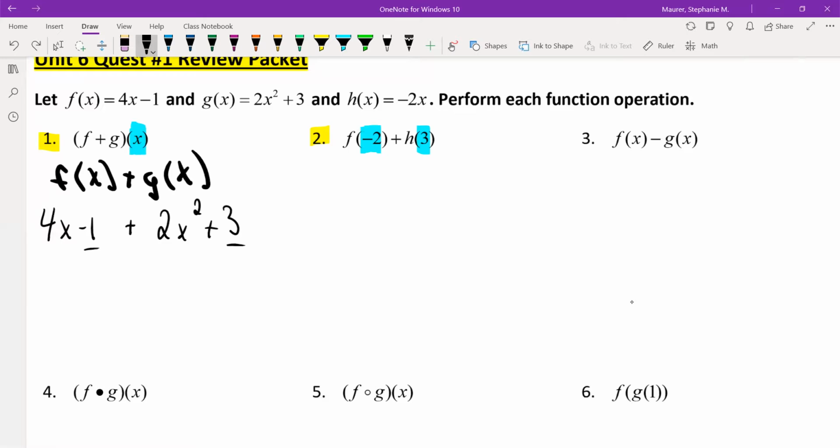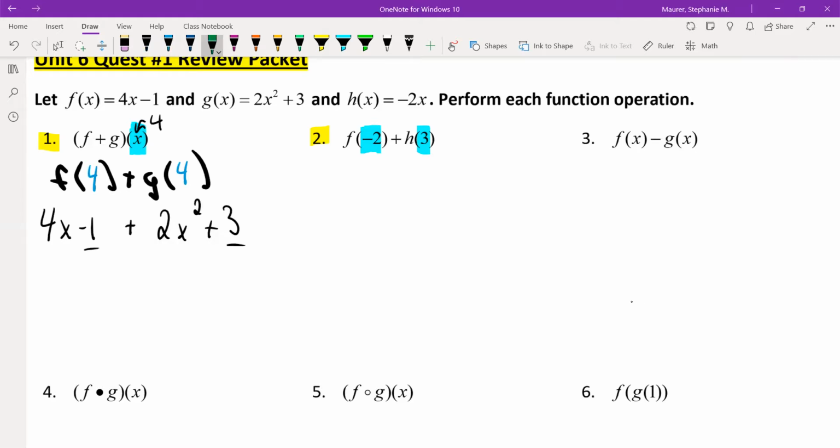Notice that these are different numbers. Sometimes they could be the same number. So let's say that over here in problem number 1, maybe instead of an x, they give us 4. Well, then when we would break it up, we would put a 4 inside of here, but a 4 for both of those. So that would be an example where the number you're plugging in would be the same, but in problem number 2, you are plugging in different numbers.